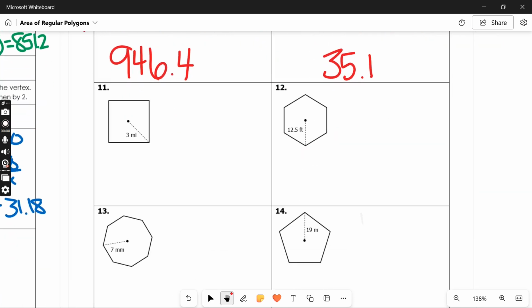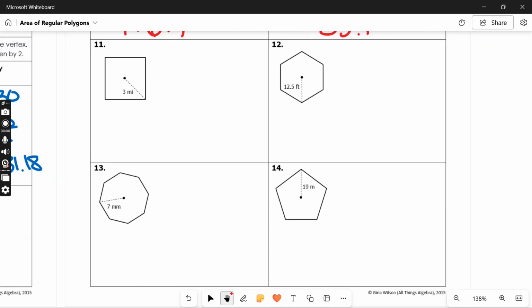Okay, and then we have our last group of 4, and we're going to do the same things that we did on the first 2 groups. I'm going to work 2 of them, and then you're going to have 2 of them. This one's a little bit different, but it's about the same.